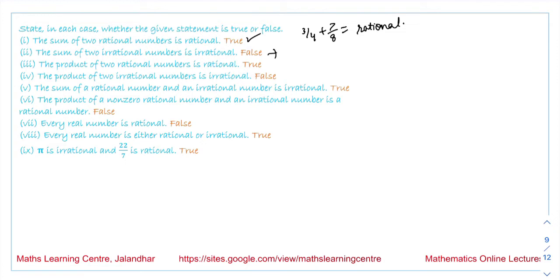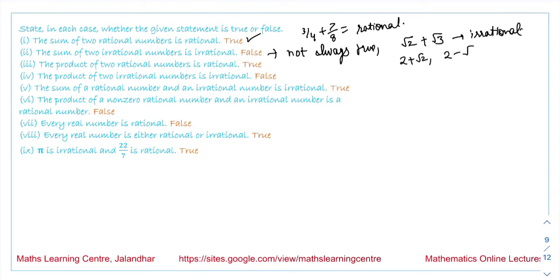This is not always true. If we add, say, square root 2 and square root 3, the answer is irrational. But if I am adding 2 plus square root 2 and 2 minus square root 2, then the answer is rational.